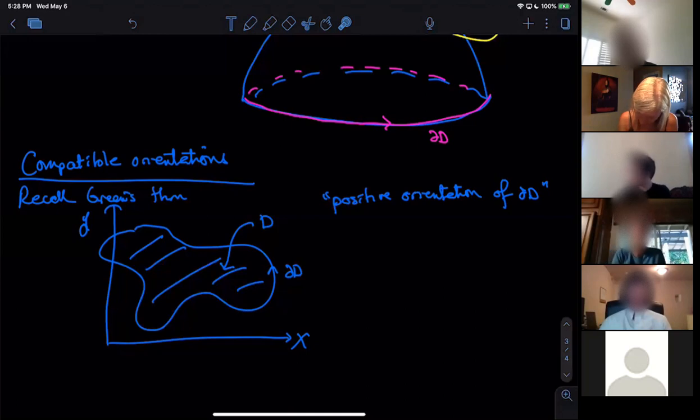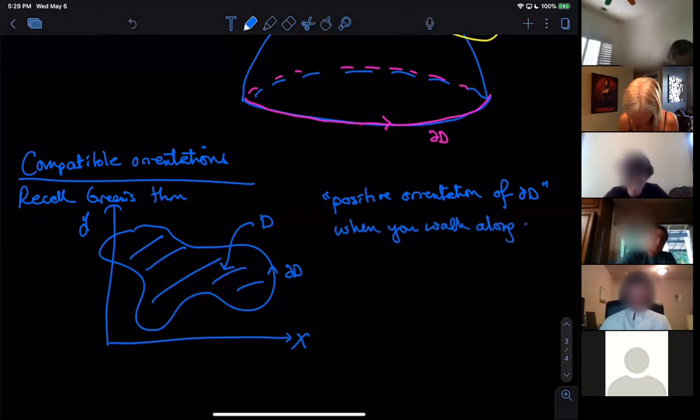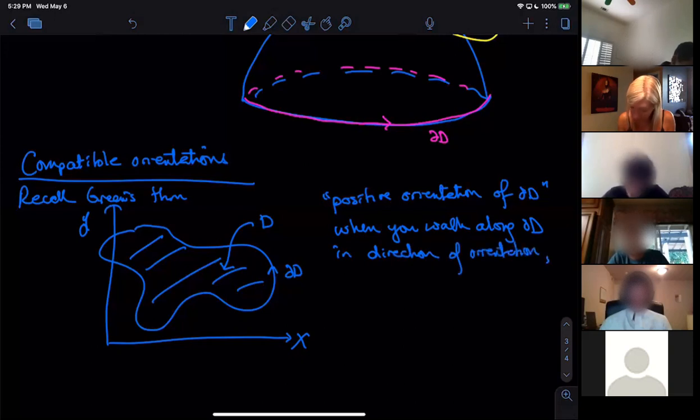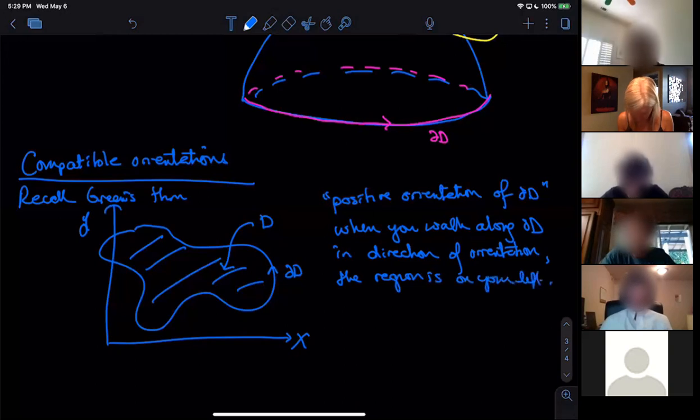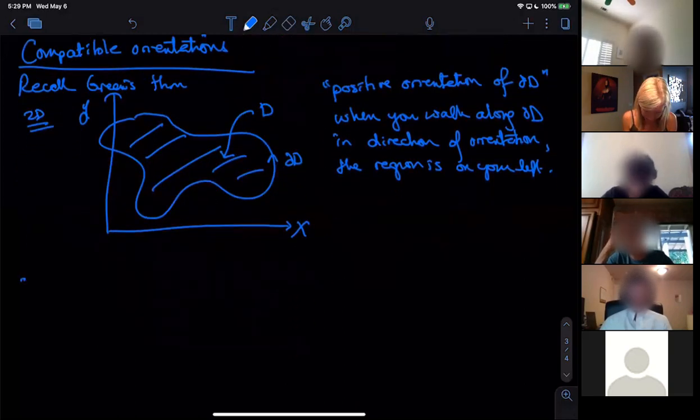So positive orientation was when you walk along the boundary in the direction of the orientation, the region is on your left. Okay, so that's for Green's theorem. That's a 2D situation. Let's try to generalize that to 3D in Stokes' theorem.